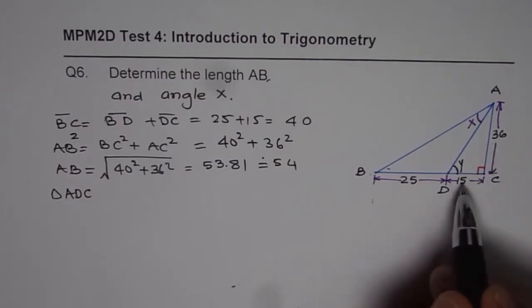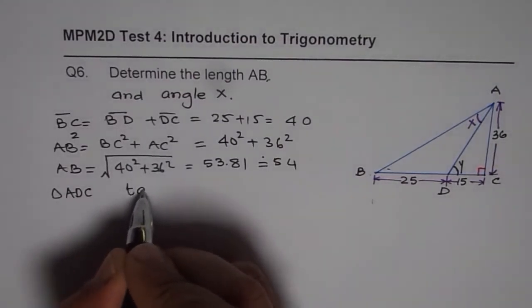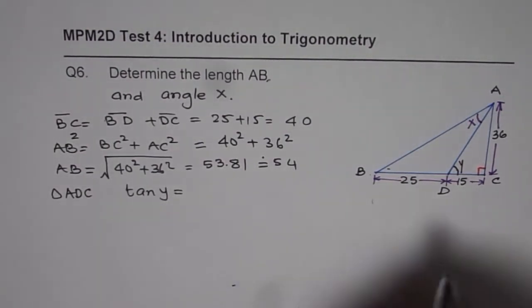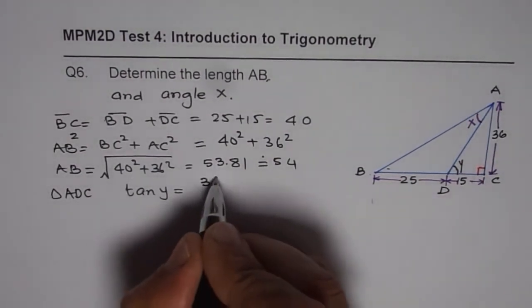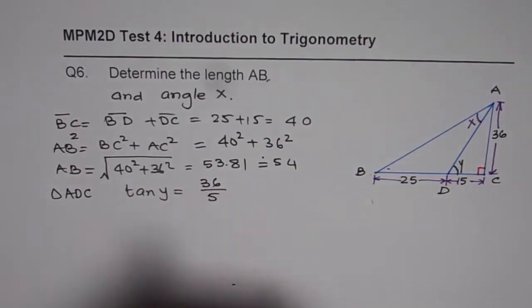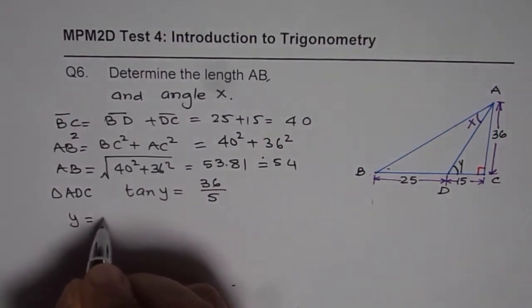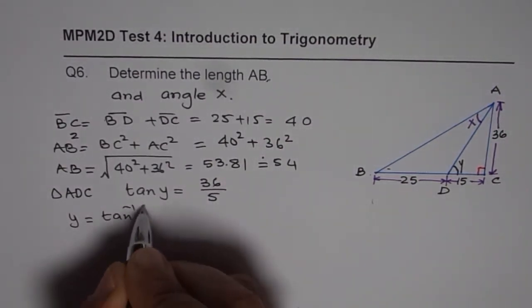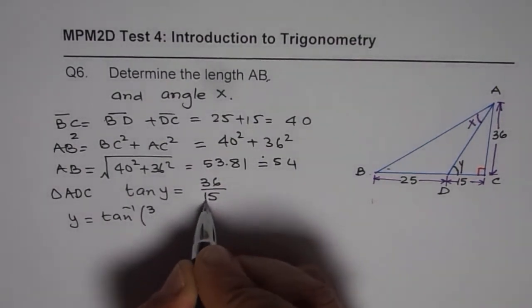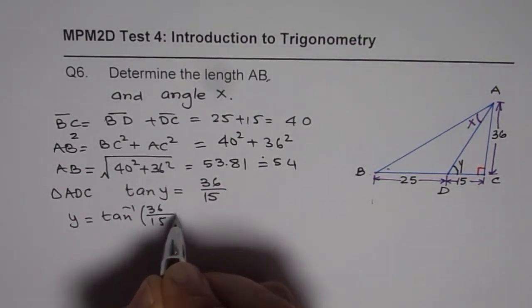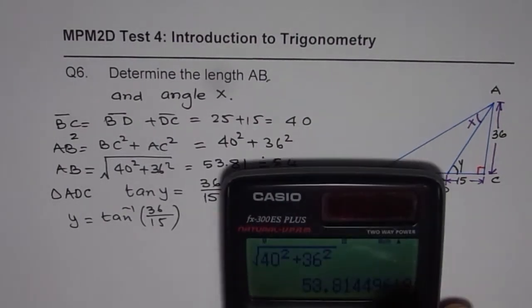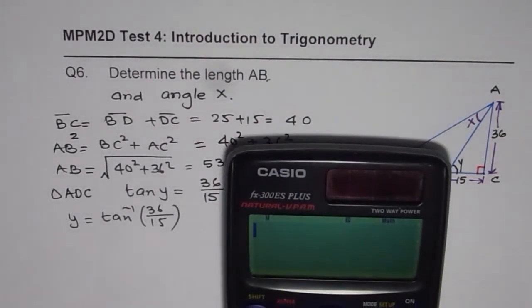Since we know opposite and adjacent, we can use tan. So we have tan of Y equal to 36 over 15, or we can say Y is equal to tan inverse of 36 over 15, right? Now we can find the value of angle Y.